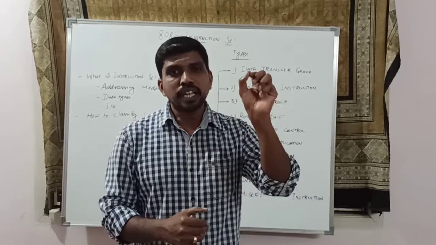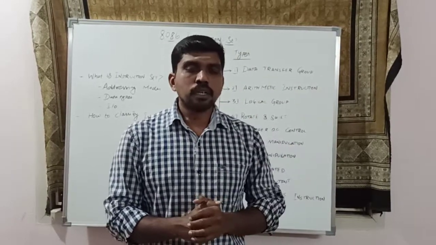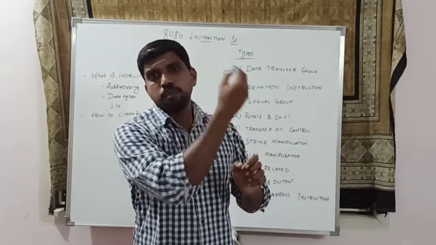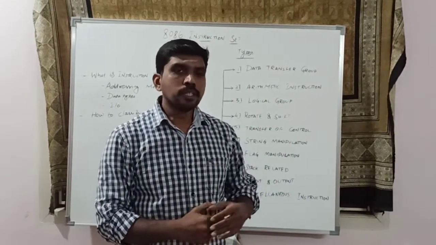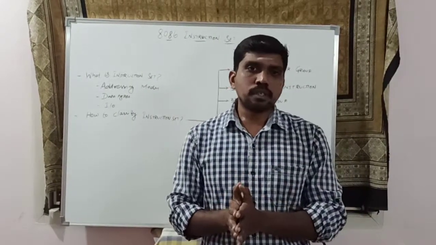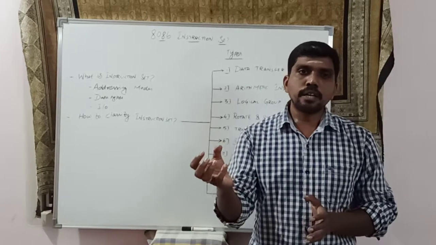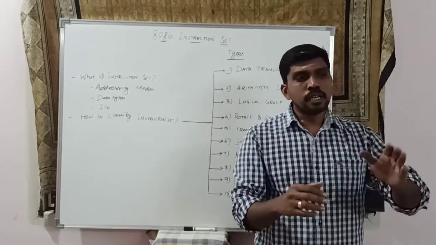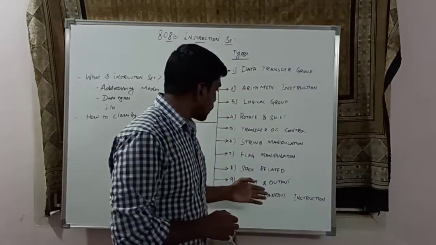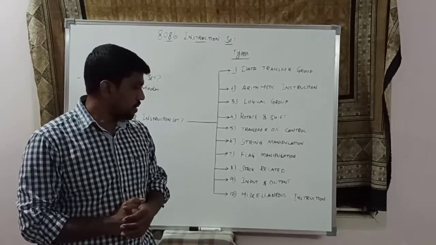So you just mention IN and the port number. Whatever value is present at the port number, that value is passed to the microprocessor. Suppose OUT: if you want to send the output result from the microprocessor, that content is passed through the output port to an LCD display or LED display. That kind of instruction comes under the input and output instructions.